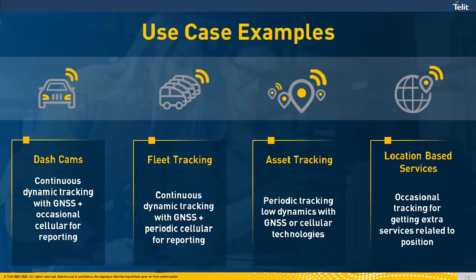Thirdly, asset tracking, which can also be low dynamics tracking, applying also to pet or person tracking, is a periodic tracking with low dynamics where only an occasional position is needed, maybe an accurate position, like using a GNSS, but the reporting of it is not very frequent.